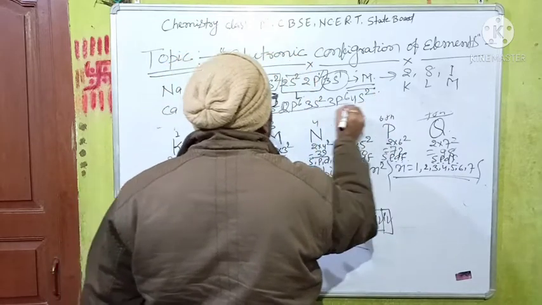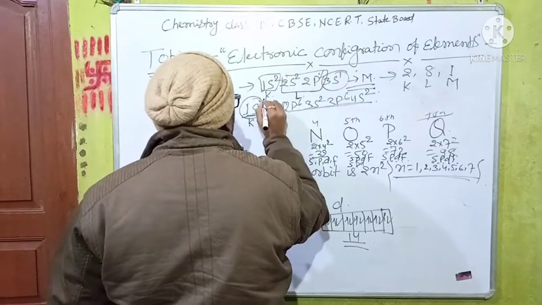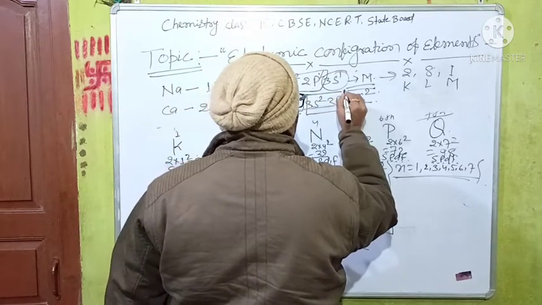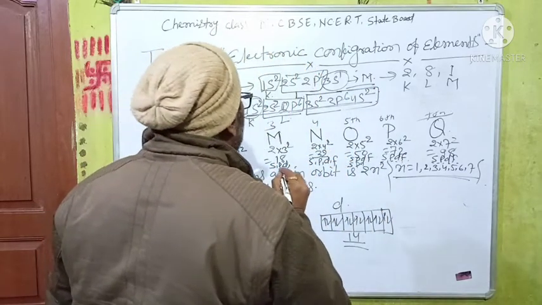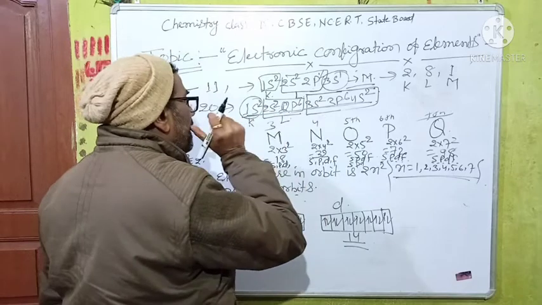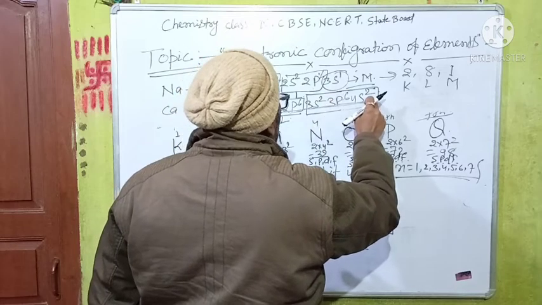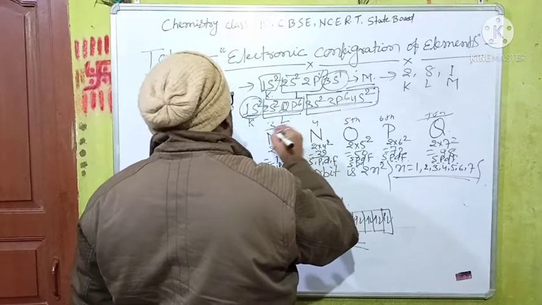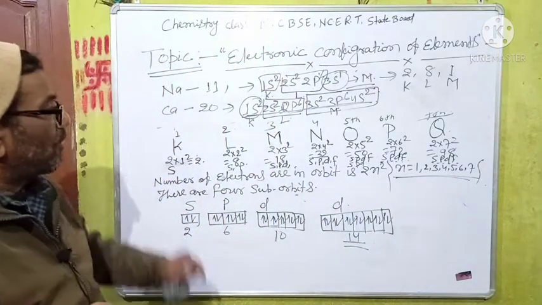So here also it represents K, L, M. K and L represent 8 electrons, M represents 8 plus 2, 10 electrons. So this is the electronic configuration.